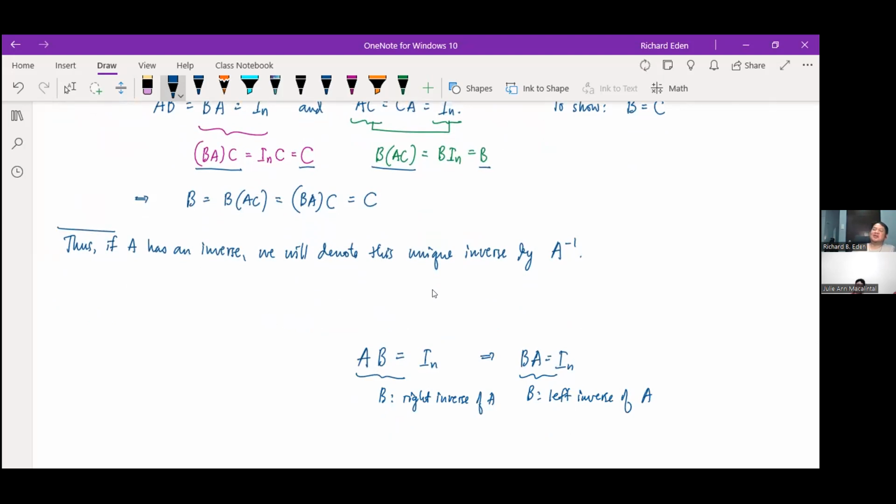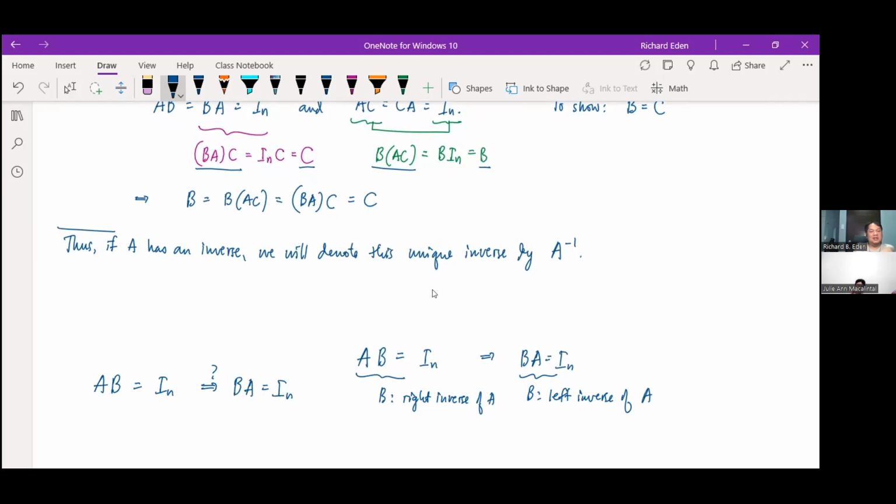Is that possible? Again, what I'm claiming is, suppose A and B are both n by n, and AB happens to be I sub n. Would it follow that BA is also equal to I sub n? Kasi we know that matrix multiplication is not commutative. What if BA is not equal to the identity? Or is that impossible?